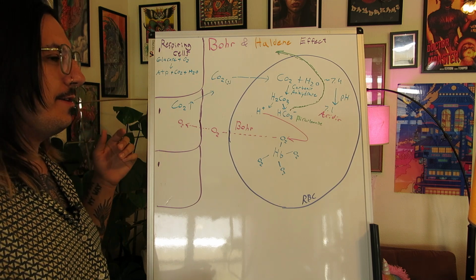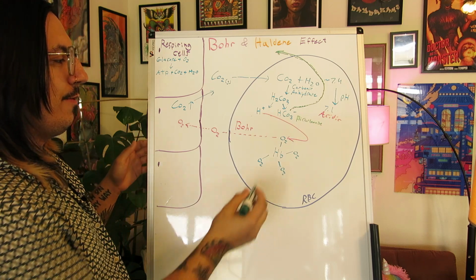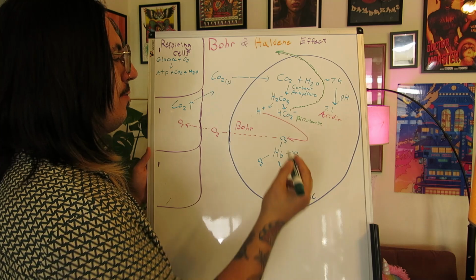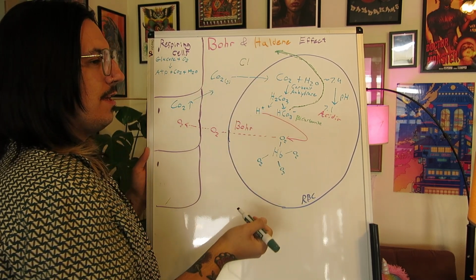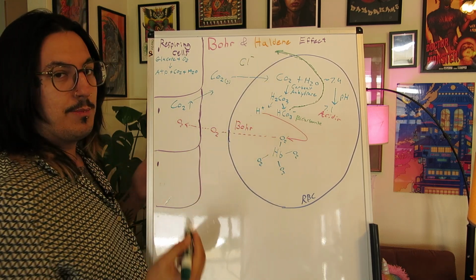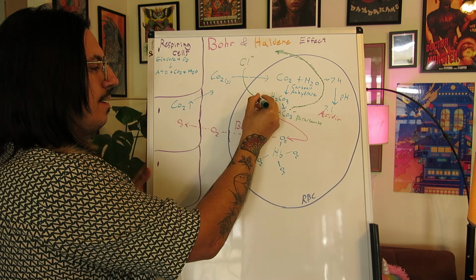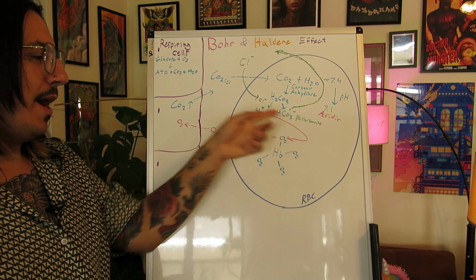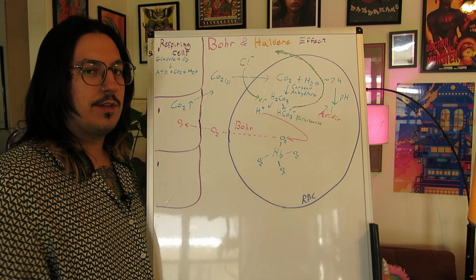Because nature wants to keep charges equal, when we lose a negative charge, we have to replenish that. So the chloride ions in the bloodstream, which are negatively charged and very present, are going to come right in and take the place of where that bicarbonate was, to keep the charge equal in the cell.